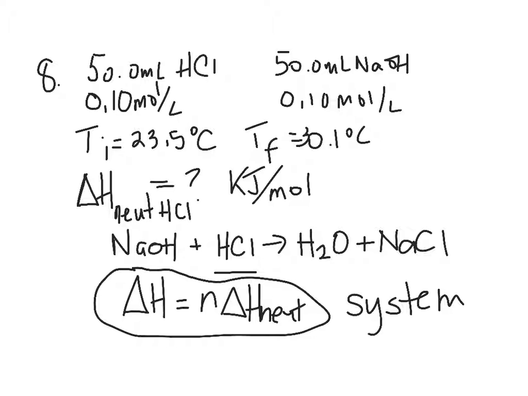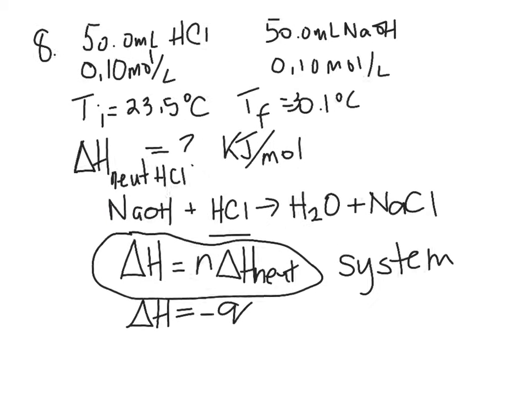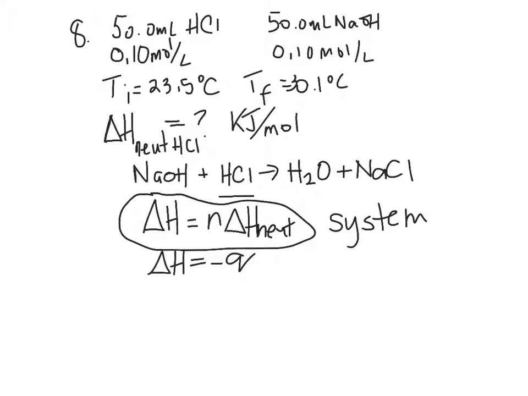Nikita? Q equals mc. Yeah. We get the information from our system, so Q equals mc delta T. Saeed said that delta H is equal to negative Q. The change in the surroundings is equal to the change in the system. So we can move forward.